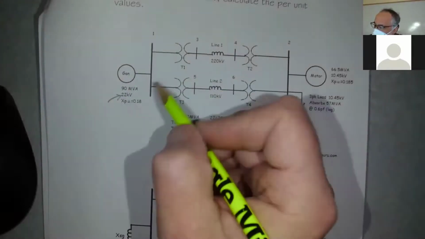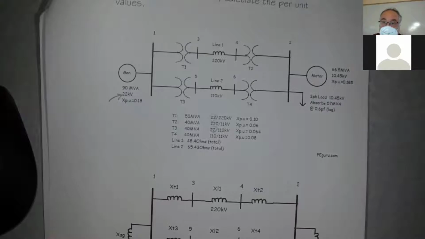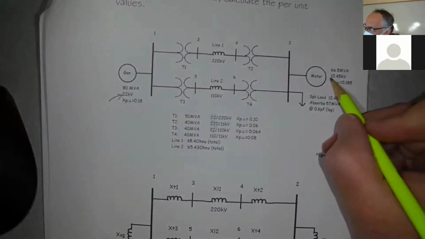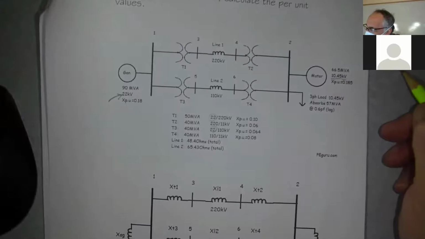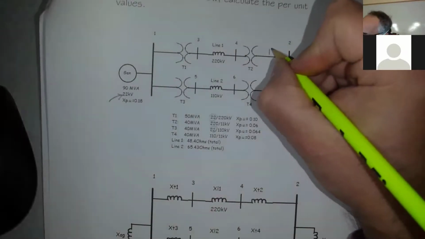So on this side of the transformer, everything is rated at 22 kV. How about over on this side? This guy's rated at 10.45. Both of these transformers are 11 kV over here.